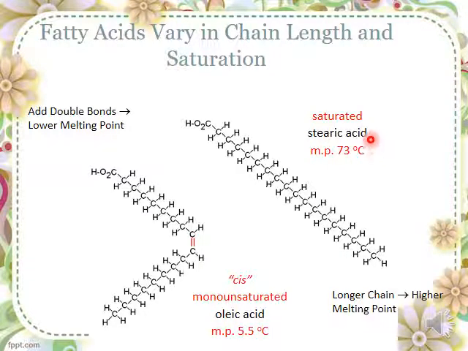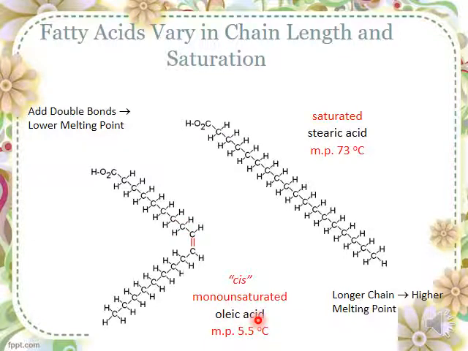However, if we compare with an unsaturated fatty acid, in this case oleic acid, having the same number of carbons, which is also 18, but with the presence of one double bond, the melting point decreases drastically to only 5.5 degrees Celsius.